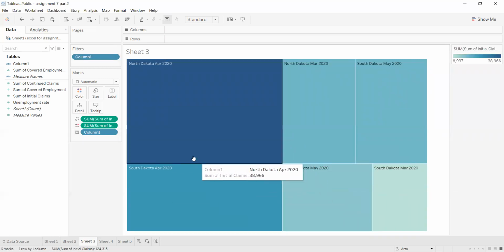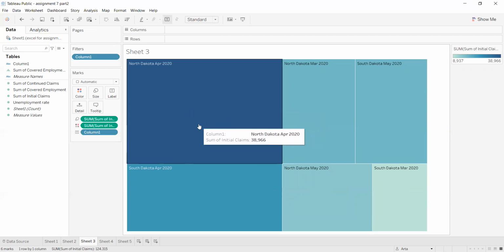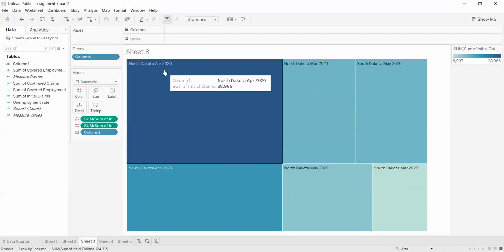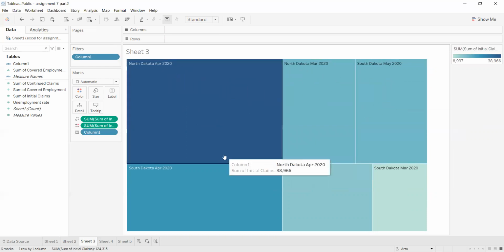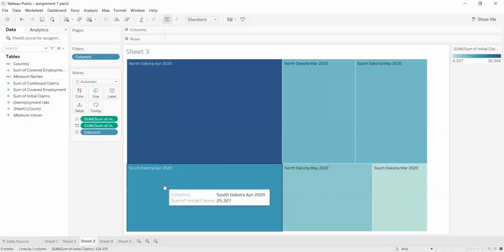Also, the other chart compares two different states, North Dakota and South Dakota, in three different months in 2020: April, March, and May. I mentioned these two states because North Dakota and South Dakota are really close to each other. So as you see, for example, the sum of initial claims for unemployment in North Dakota in April 2020 is higher than South Dakota.